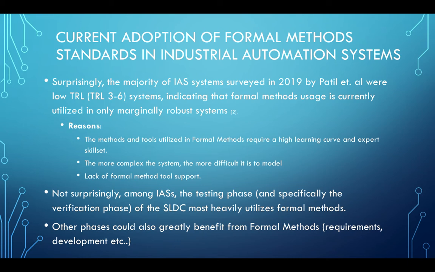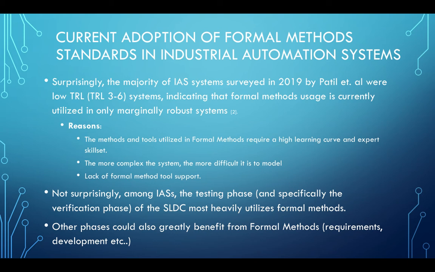And in addition to characterizing the TRL level of surveyed systems, the survey also included the phase or phases of the software lifecycle in which formal methods were used. And not surprisingly, among the publications surveyed, formal methods were applied during the testing phase more so than any other phase. And by testing, I mean to include test generation, simulation, and formal verification.